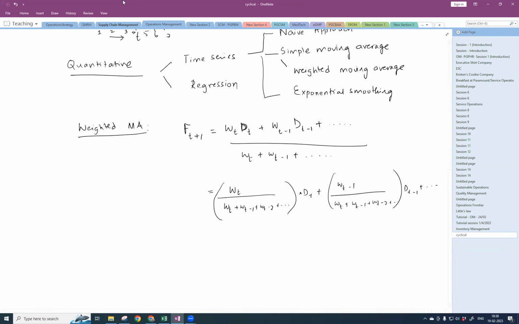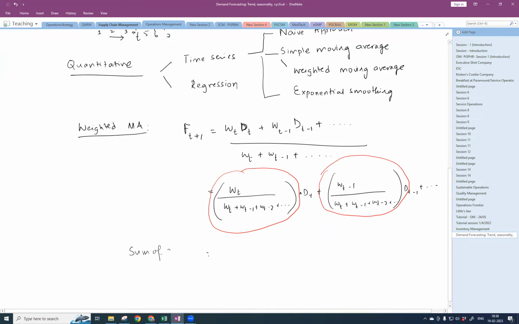This can be considered one particular weight, and this can be considered the weight for dt minus 1. The beautiful part is that if you add all these weights, the sum turns out to be equal to 1.